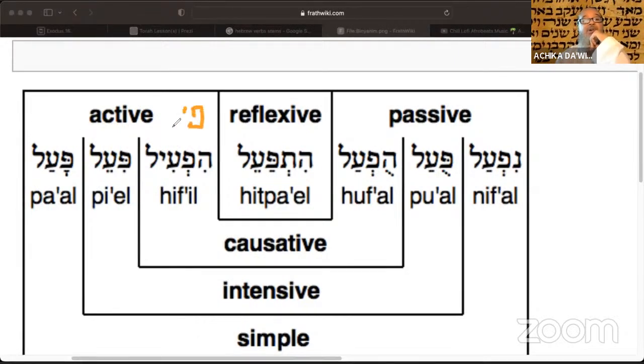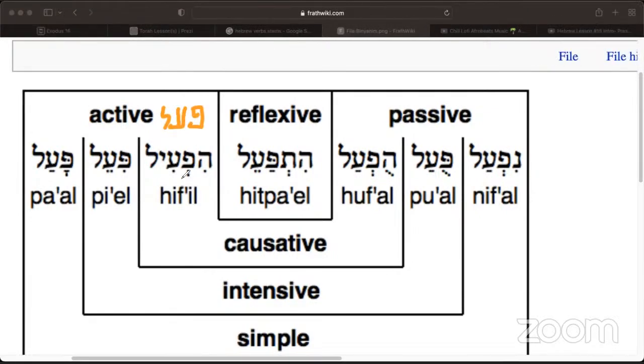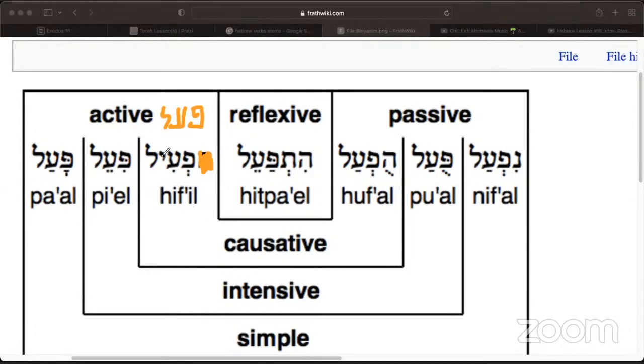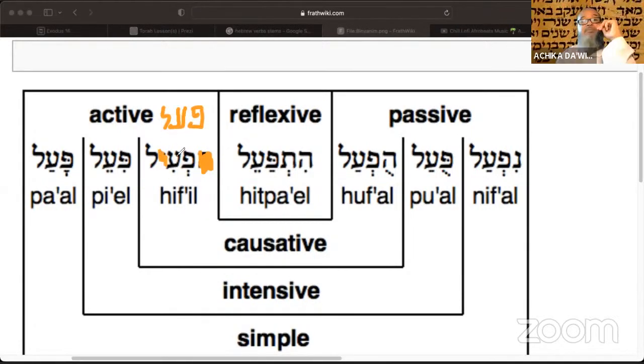What's added to the pa'al to make it causative? What's added? Hey. And what else? The yod. The yod. Get rid of those two, and it's back to being a normal pa'al. So you need the hey and the yod in order to make it a hif'il.